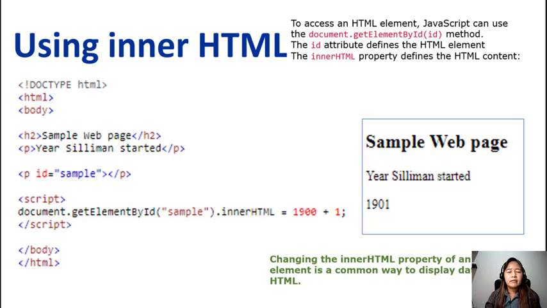So let's start with the first one, which is innerHTML. We have already been using this since the first video on JavaScript, and I'm sure that you are very familiar with it already.